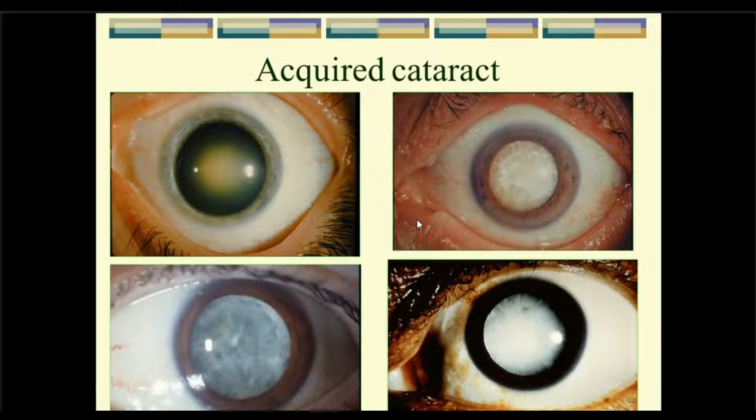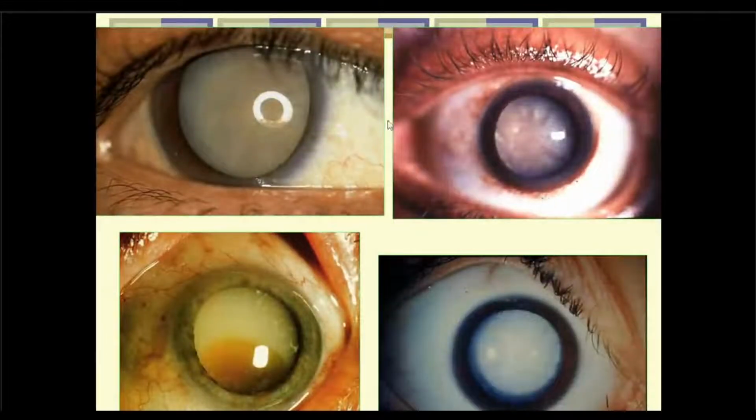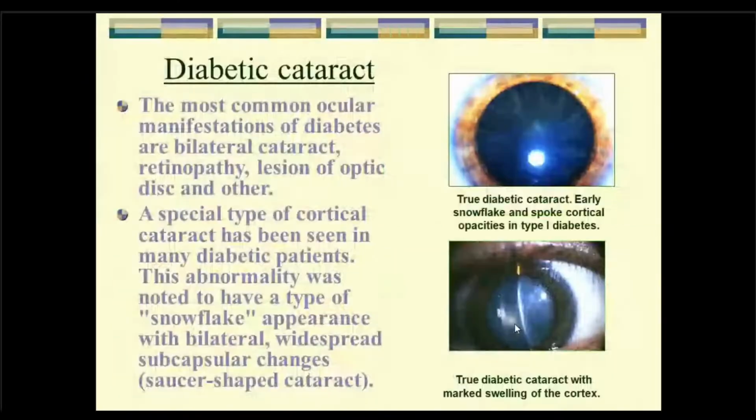In such cases, it's easy to operate, but when we see such an opaque lens, it is hard and usually difficult to operate, but we will discuss this further. Okay, again, examples of different cataracts.